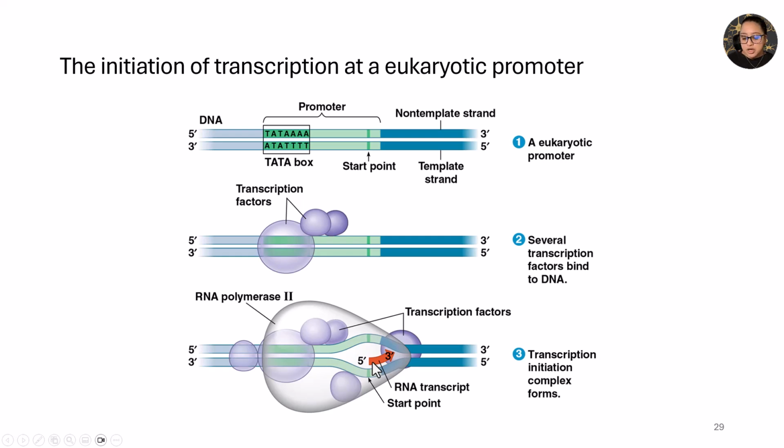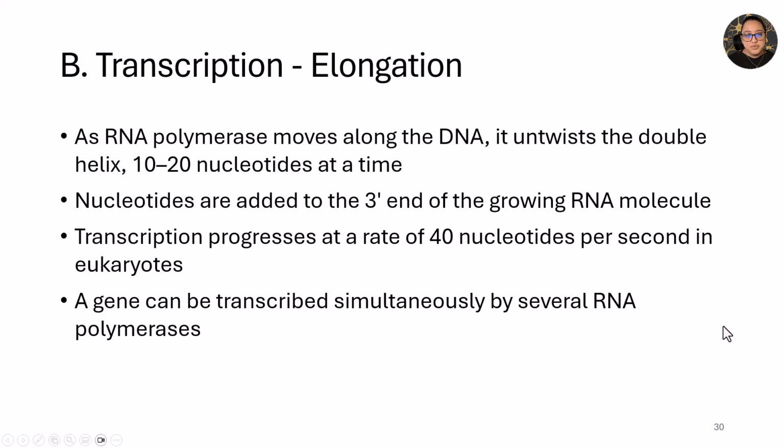And remember, just like how DNA is always going to grow 5 to 3 prime, you're always going to add the new nucleotides at the 3 prime end, with the hydroxyl group sticking out. It's the same for RNA. The 3 prime end is always going to be the growing end. Which I'm getting ahead of myself, because that is elongation.